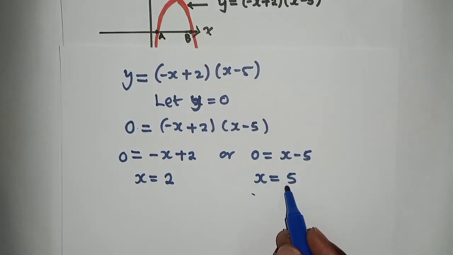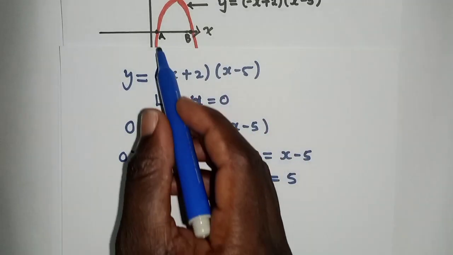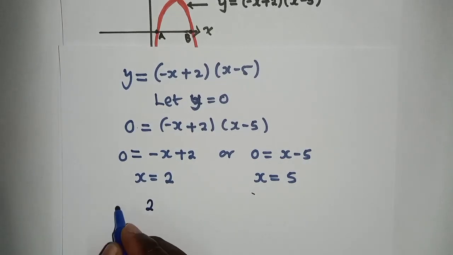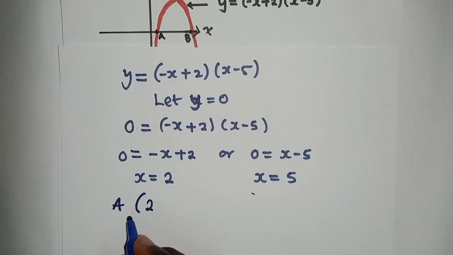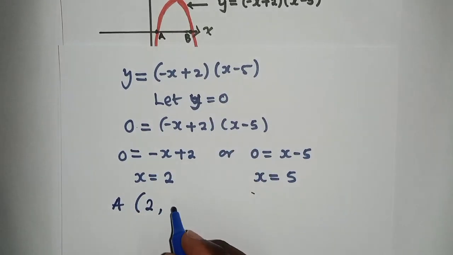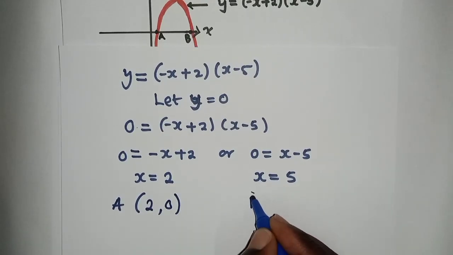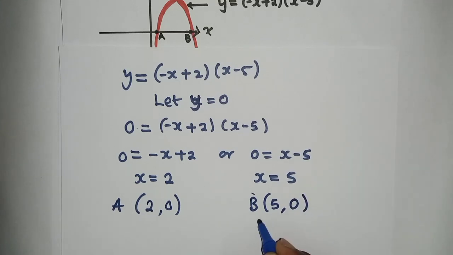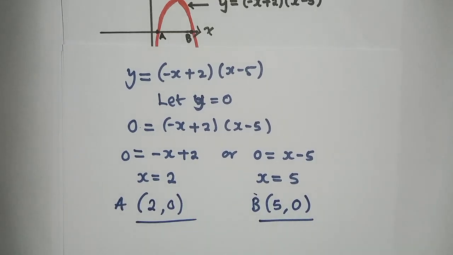This one is big, which means 5 will go at point B and 2 will go at point A. So at point A, our x coordinate is 2 and our y coordinate is 0. At point B, our x coordinate is 5, our y is 0. So these are the two points at which the graph is cutting the x-axis. So we're done with this question.